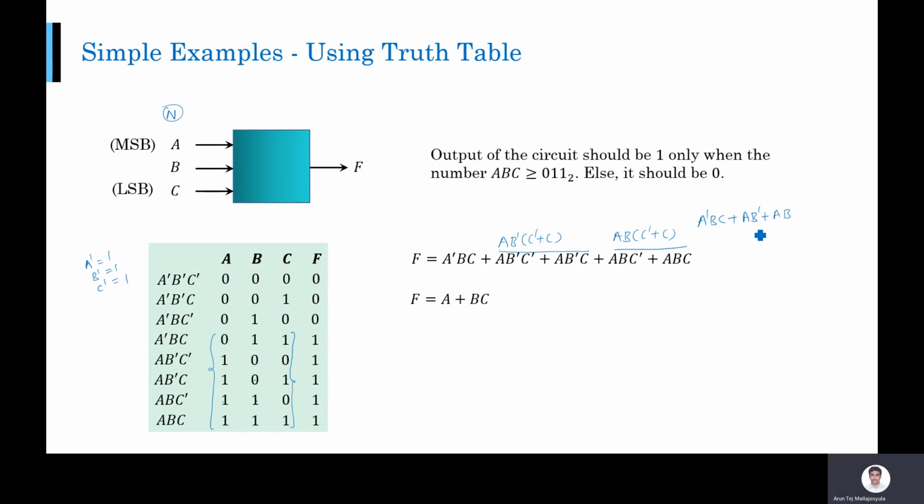Okay. So again, if I look at these two, I have A into B dash plus B, which is A. So therefore I have A dash BC plus A. This is like X plus X dash Y, which is going to be X plus Y. So I have A plus BC.